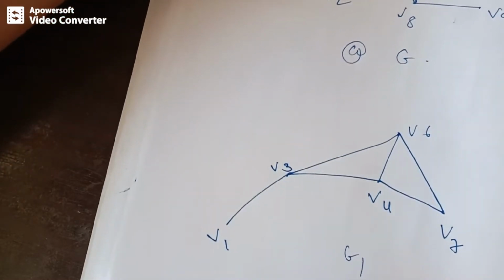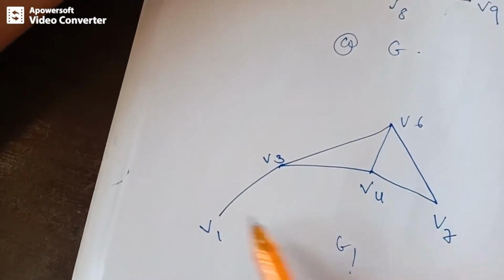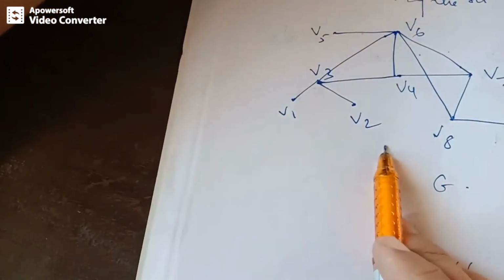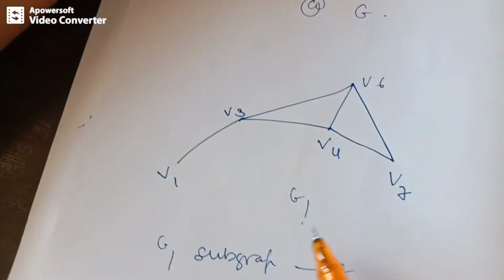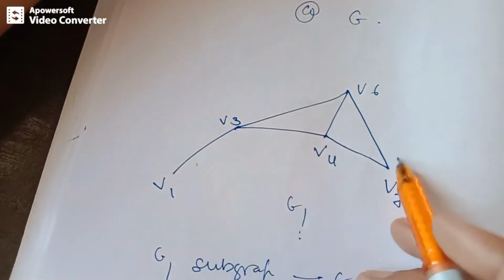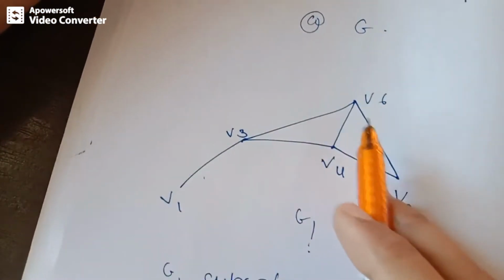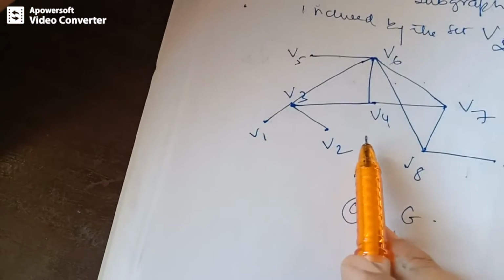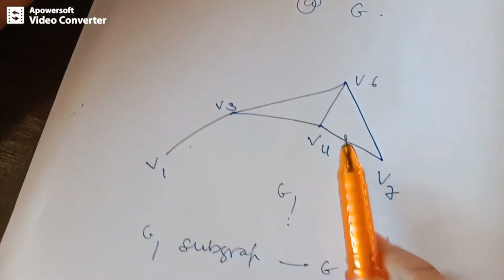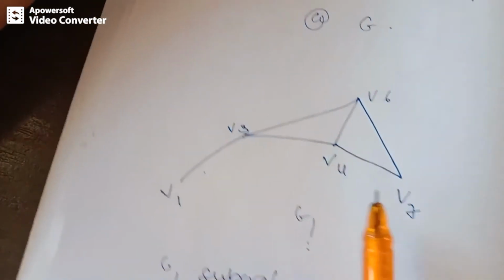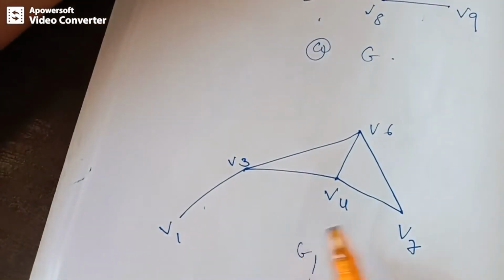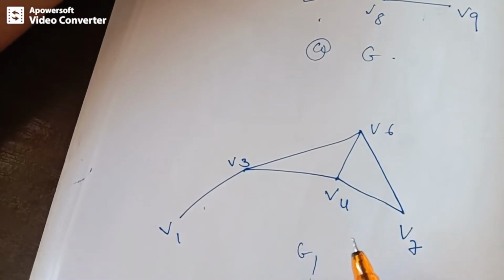Therefore, we can say that G1 is an induced subgraph. We have checked that these edges are there in the original graph which we are comparing, that is graph G. Between these vertices, these many edges must be there also in the original graph. And if there are extra edges, that also must be included. But here, it is as it is. There is a symmetry between the edges and vertices. Therefore, G1 is an induced subgraph.